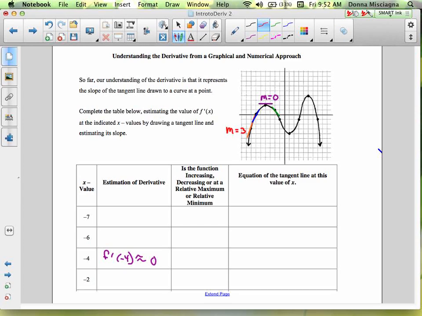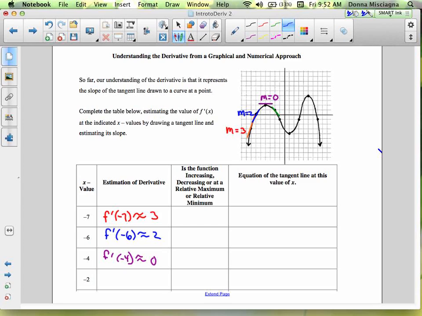So f prime of negative 7 is approximately 3. Now it's not as steep at x equals negative 6. I'd say it's about 2, going up 2 to the right 1. So f prime of negative 6 is about 2.